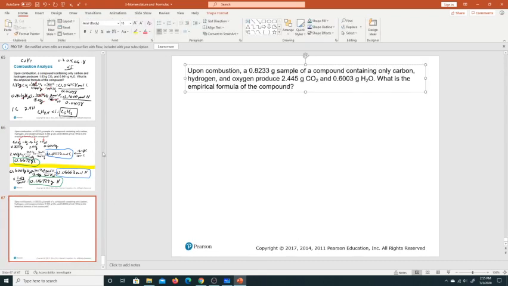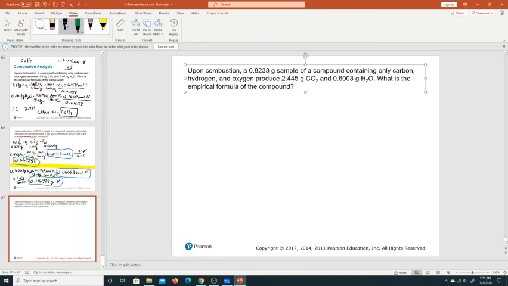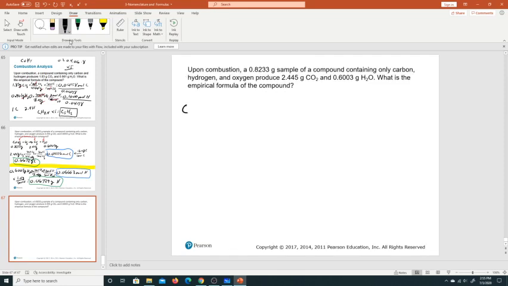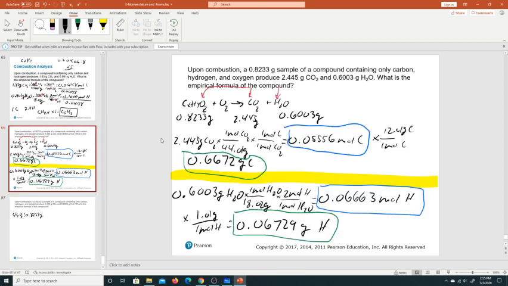Our sample originally contained 0.8233 grams total. So CxHyOz had an original mass of 0.8233 grams.